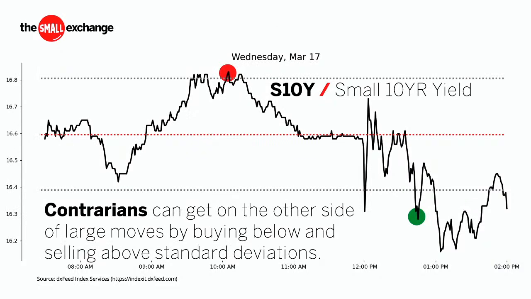Mean reversion in the short term gives a lot of opportunity to contrarians who want to get on the other side of these large moves. This is more my wheelhouse, whereby if you tell me that the standard deviation around that net change of 0, that mean, is 20 or 30 cents, then I'm selling up 20 or 30 cents and I'm buying down 20 or 30 cents, and I'm just looking for some short-term opportunities in there.